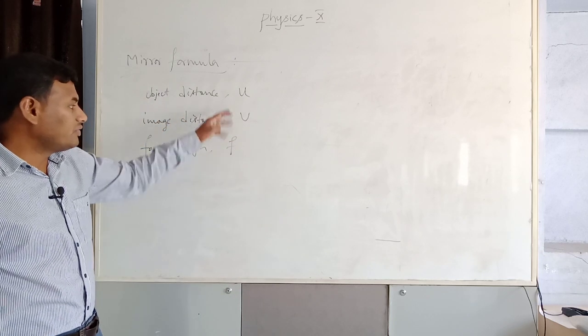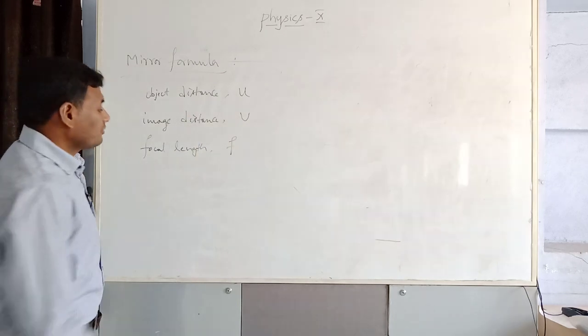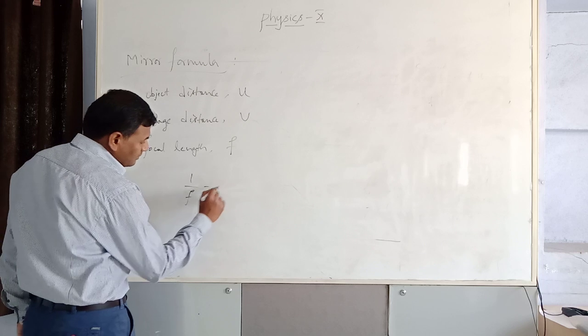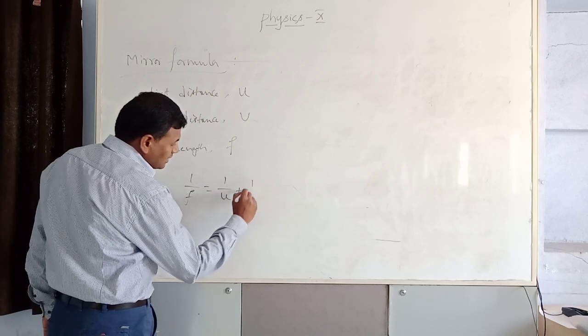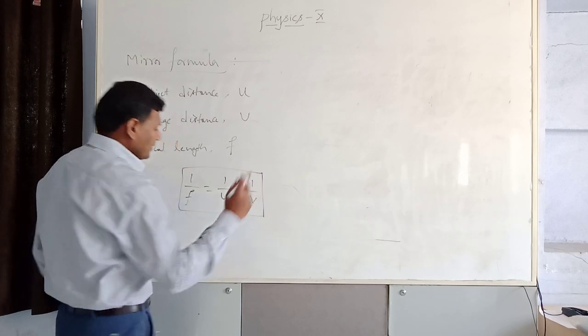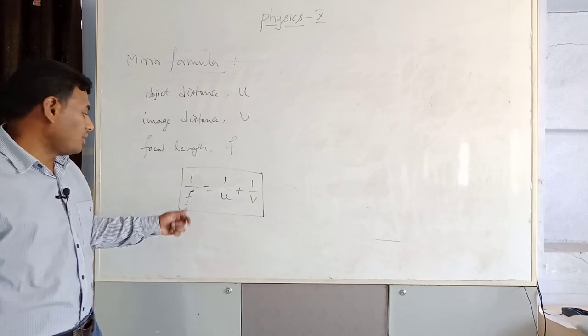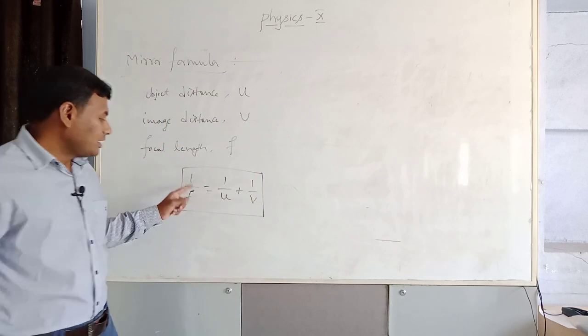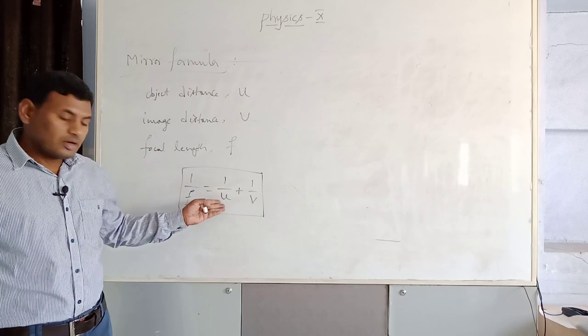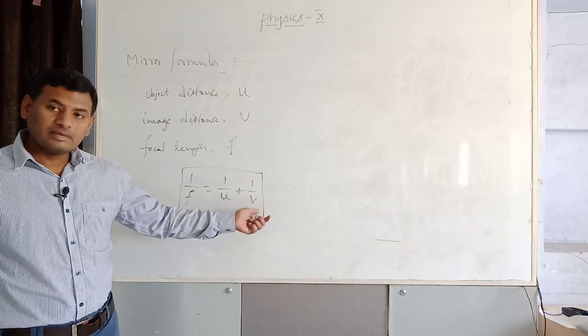The relation between these three we call the mirror formula, and the formula is 1/f = 1/u + 1/v. That is, the reciprocal of focal length is equal to the reciprocal of object distance plus the reciprocal of image distance.